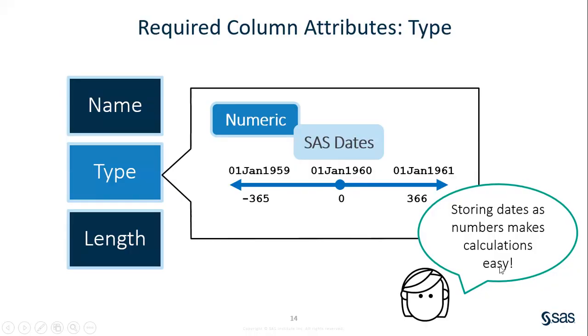Storing dates as numbers makes the task easy in SAS for calculations. If you want to calculate age or age difference, that is why in SAS these dates are saved in the form of number of days. All right, everyone.